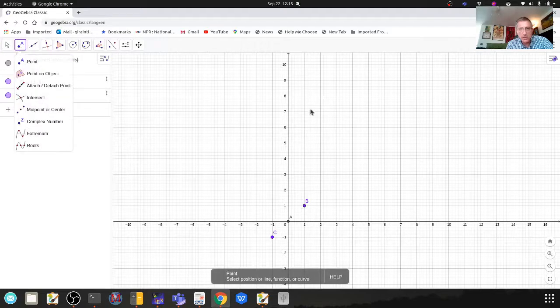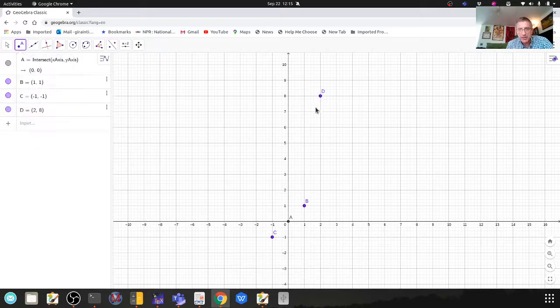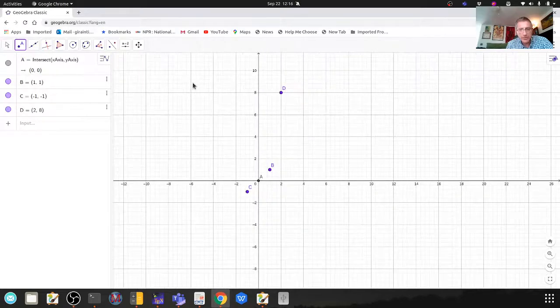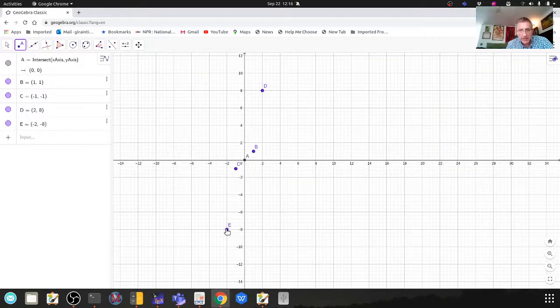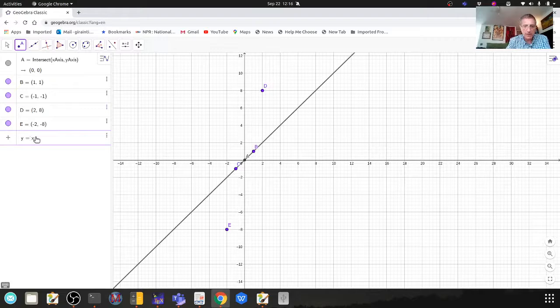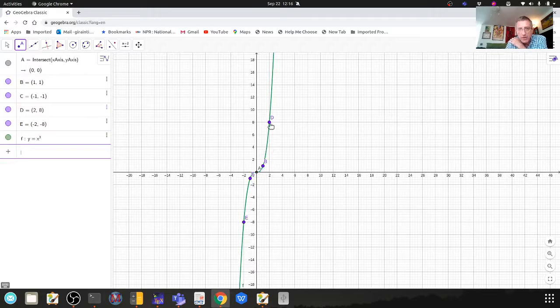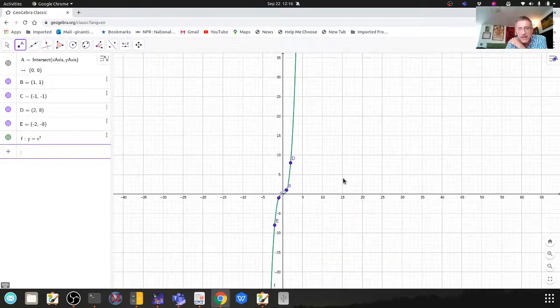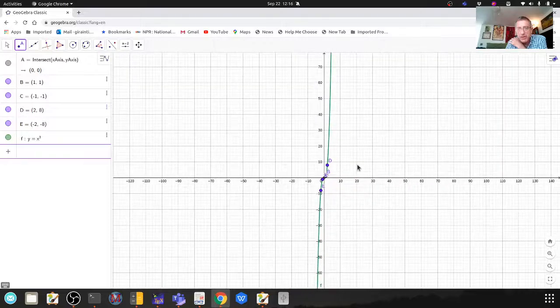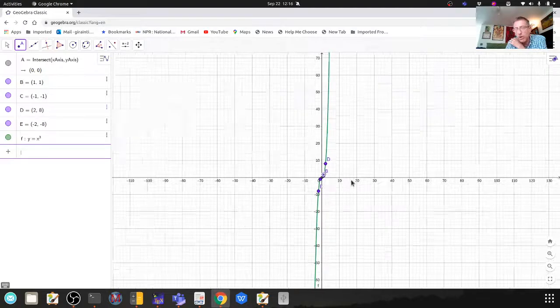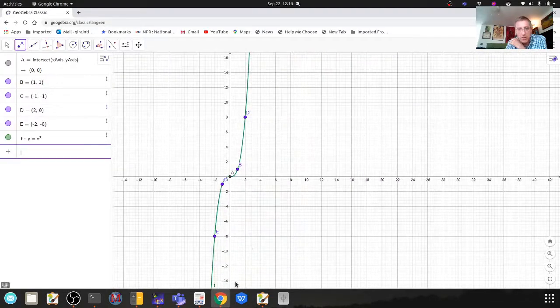Yeah, the cubing function, it gets bigger really fast. And then minus 2 and minus 8. Then we had 3, which I can't even see here. 3 goes to 27, minus 3 goes to minus 27. So let's just see what that looks like. And there you go. You can see that we were right with the 1, 2, 3, 4, 5 points that we had, but it quickly got much bigger. I mean, literally, we only got to 4, and we were already up here to 64. So that is the cubing function.